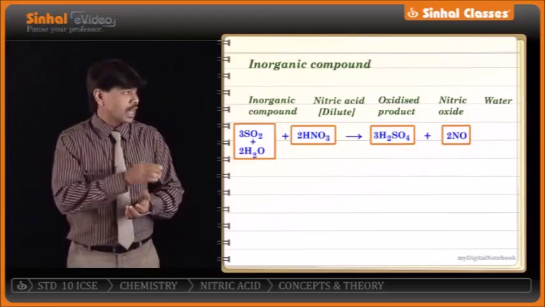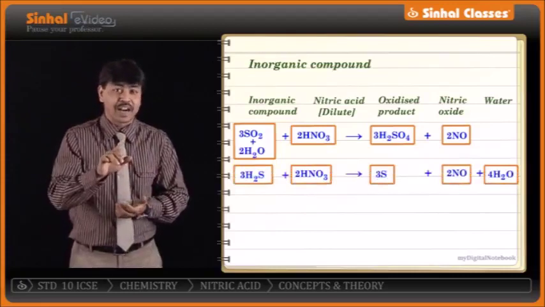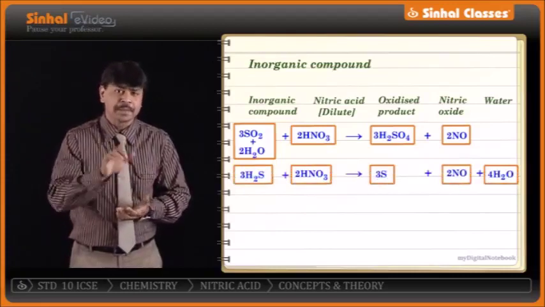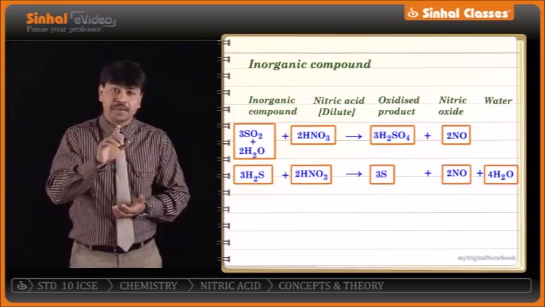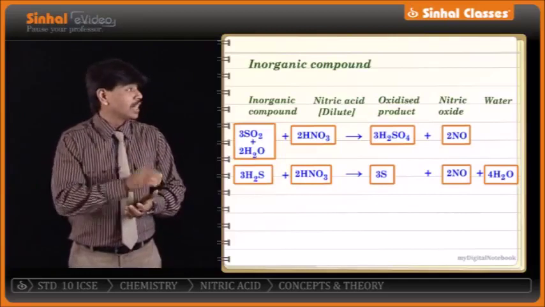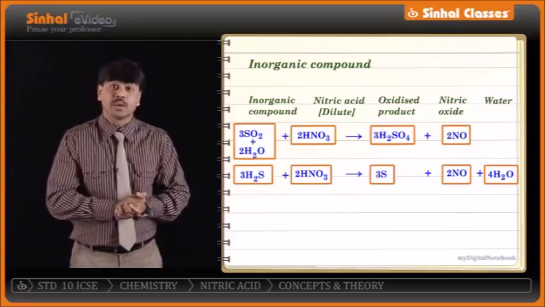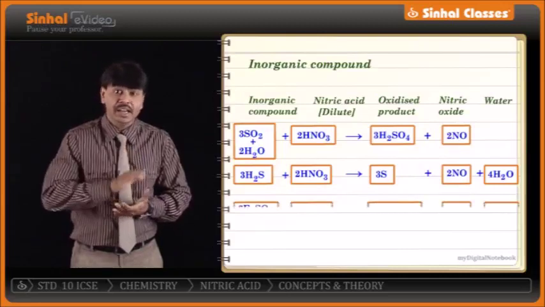In a similar manner, you can select H2S, that is hydrogen sulfide. Hydrogen sulfide has a rotten egg smell. Take hydrogen sulfide and treat it with nitric acid. It will give you colloidal sulfur, S, along with nitric oxide and water. Then you take ferrous sulfate. It has to be acidified.